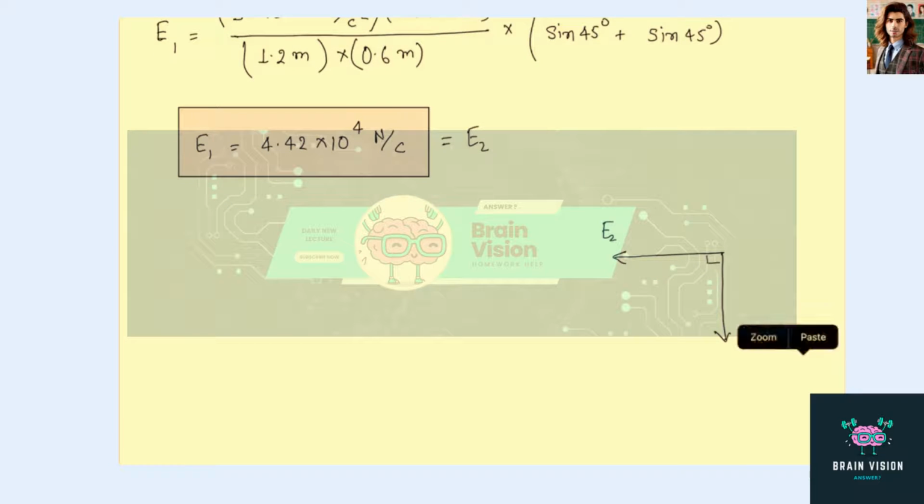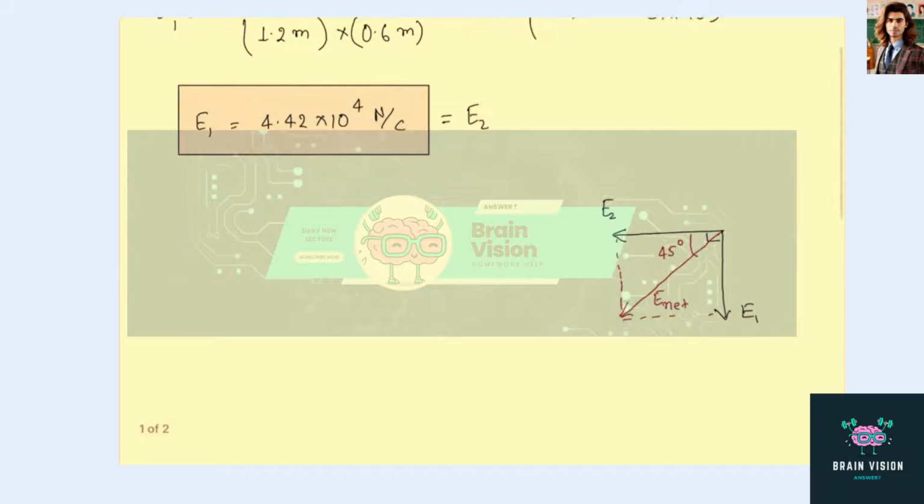So if they are perpendicular to each other, then their resultant electric field will be at an angle of 45 degree because of the symmetry. So this will be the net electric field.